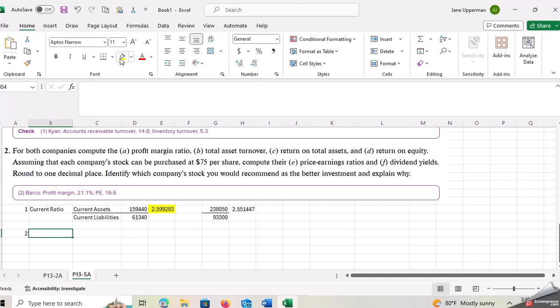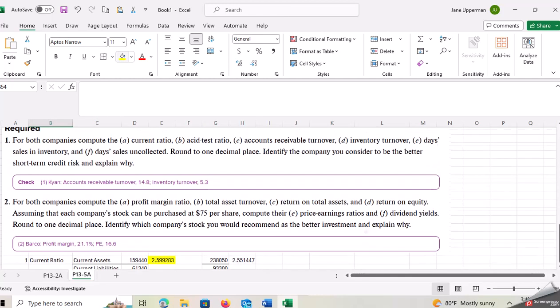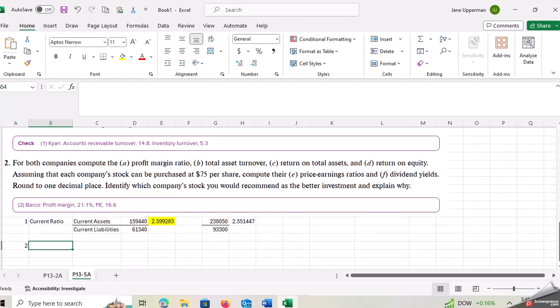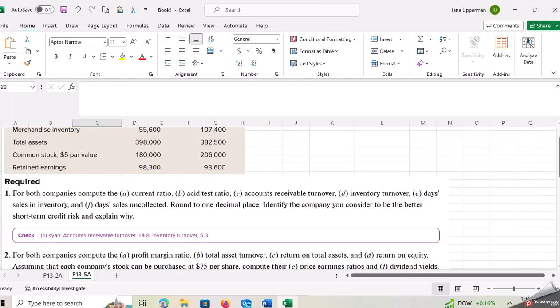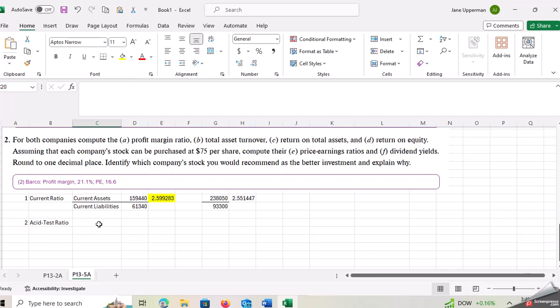Then the next one they want us to calculate is the acid test ratio, which is also sometimes called the quick ratio. We don't include any of our inventory or our prepaid expenses, so it's just our cash plus our accounts receivable, divided by the current liabilities.